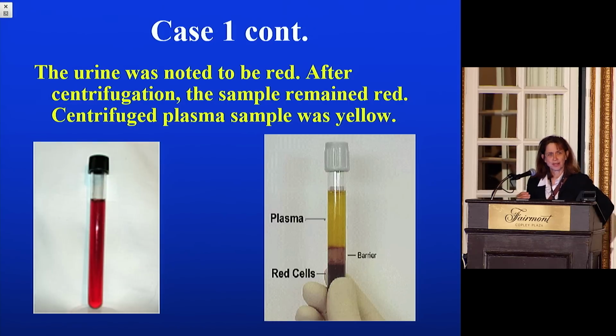The other three examples given, the red color is caused by heme itself outside of erythrocytes and outside of myoglobin, and will not spin down.